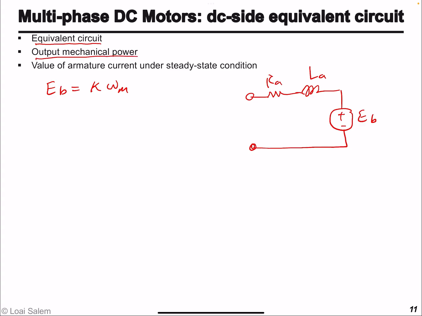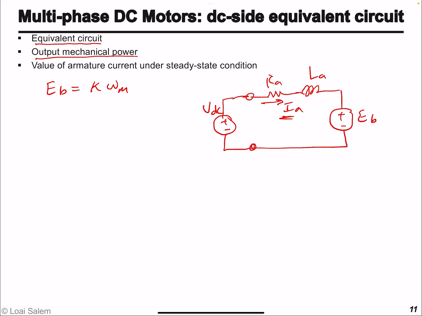One point that I would like to clarify here. Now we have current flowing, IA, and of course we have a DC source here that will produce this current.